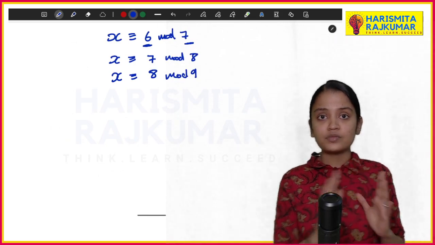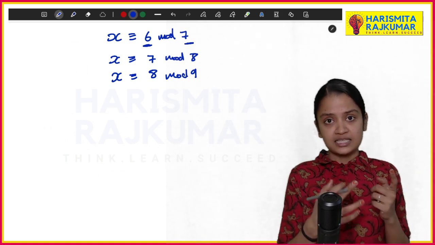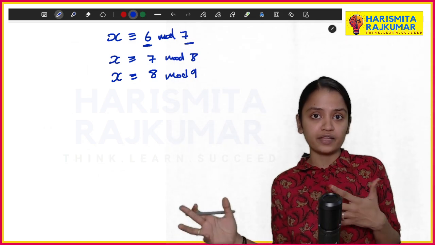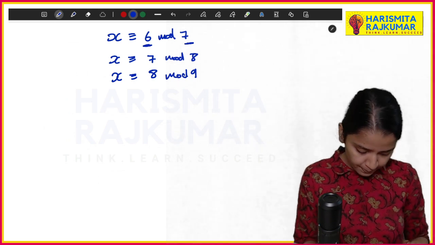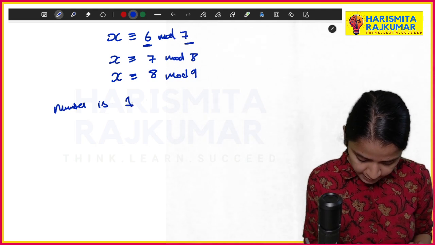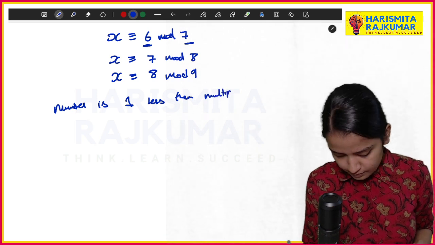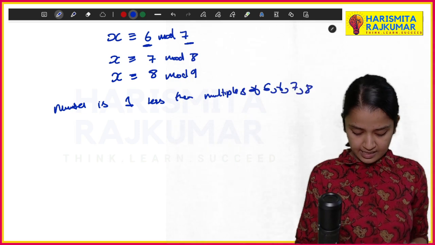From this you can say that generally, for the divisors 5, 6, 7, 8, 9, you have multiples of them, and the number will be 1 less than those multiples. So the number is 1 less than multiples of 5, 6, 7, 8 and 9.